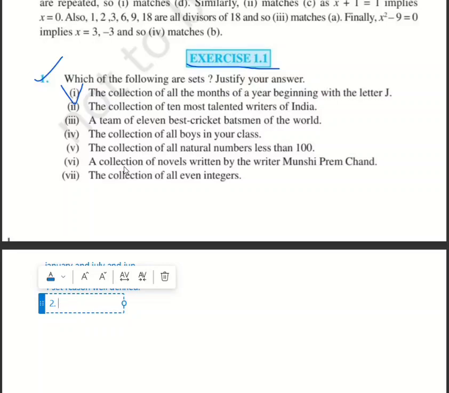So this is not a set, and the reason is that it is not well defined.